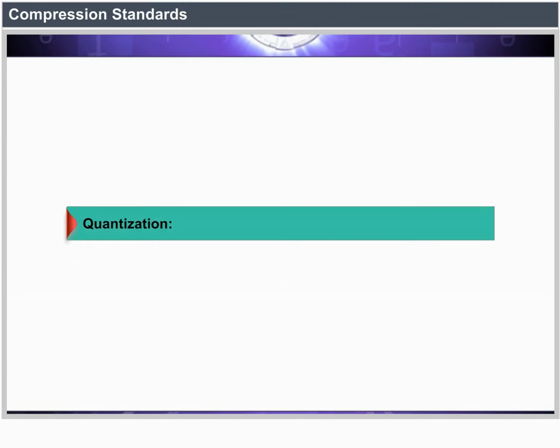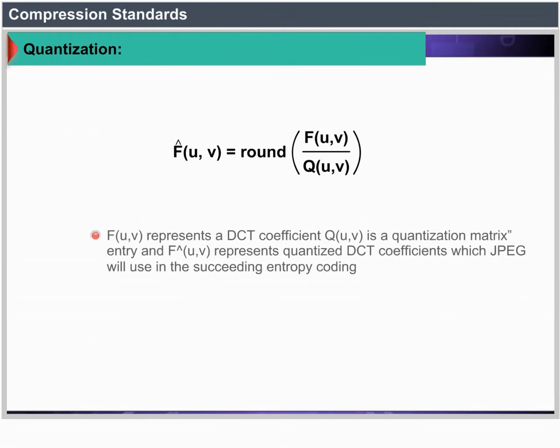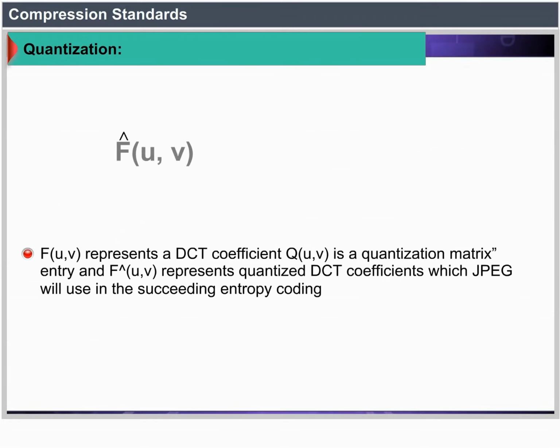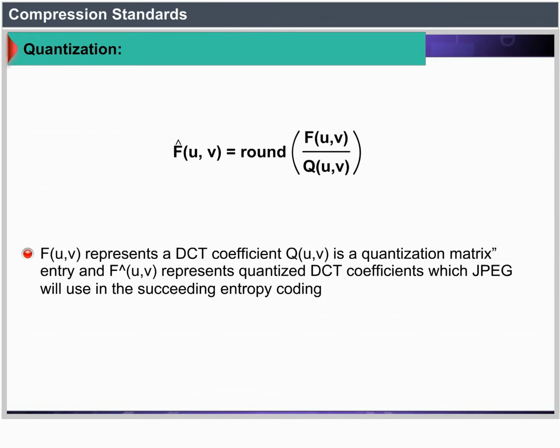Quantization. The quantization equation can now be seen on the screen. F of u, v represents the DCT coefficient. Q of u, v is a quantization matrix entry, and F cap of u, v represents a quantized DCT coefficient, which JPEG will use in the succeeding entropy coding.